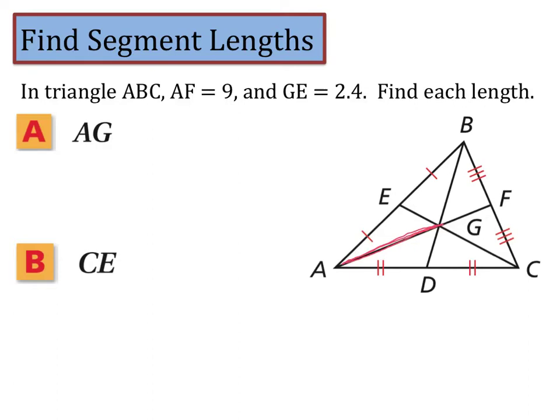We know what AF is, so AG equals 2/3 times 9. AG is going to equal 18 over 3, or just 6.